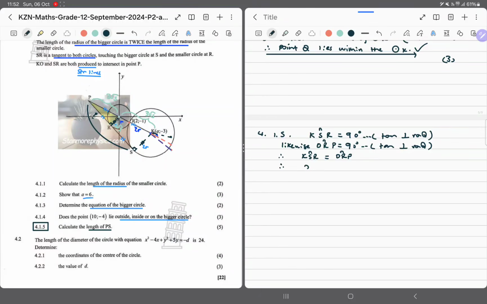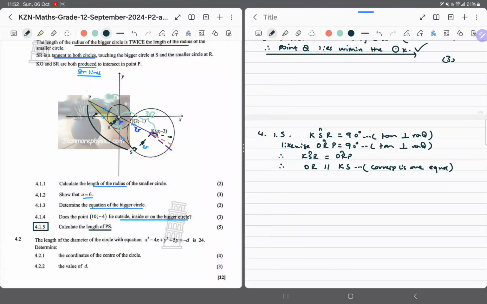Therefore, that means OR is parallel to KS. Now we need to provide a reason here. We can say corresponding angles are equal.